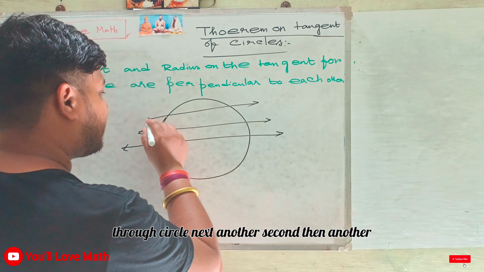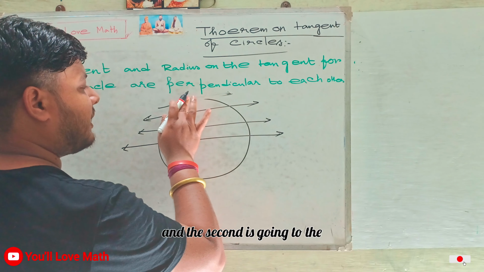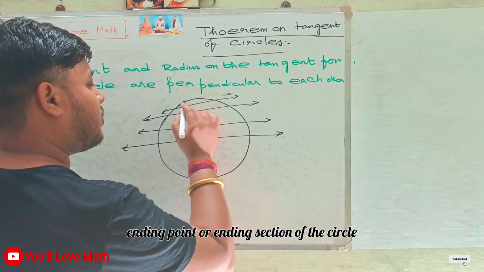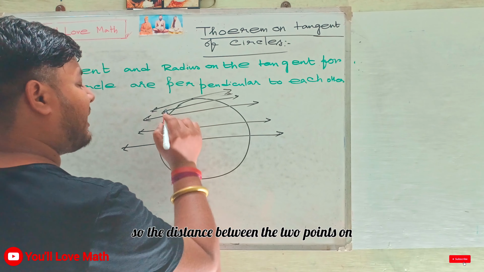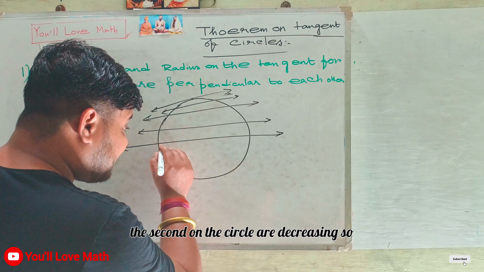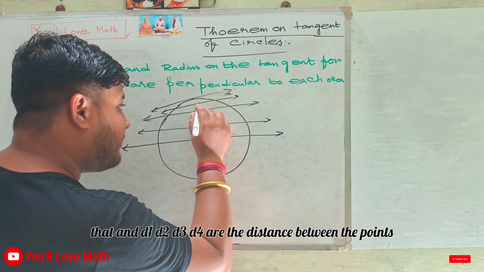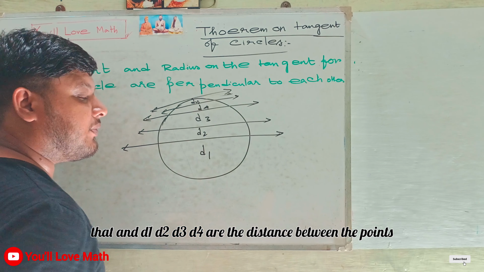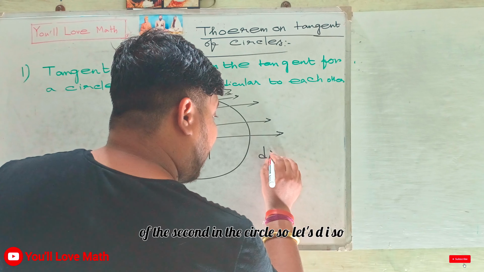Next another secant, then another secant, and another secant, and the secant is going toward the ending section of the circle. So the distance between the 2 points of the secant on the circle is decreasing. I am drawing like that, and d1, d2, d3, d4 are the distances between the points of the secant in the circle.